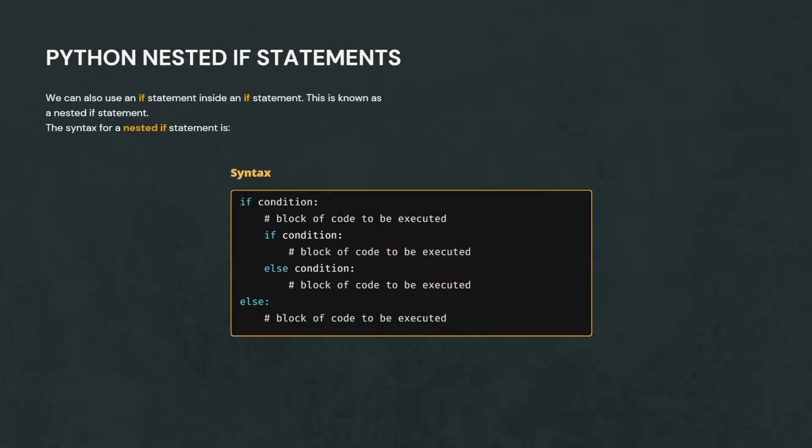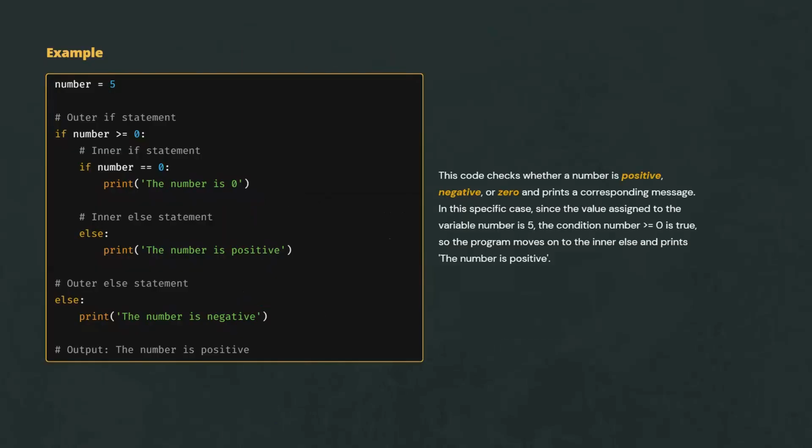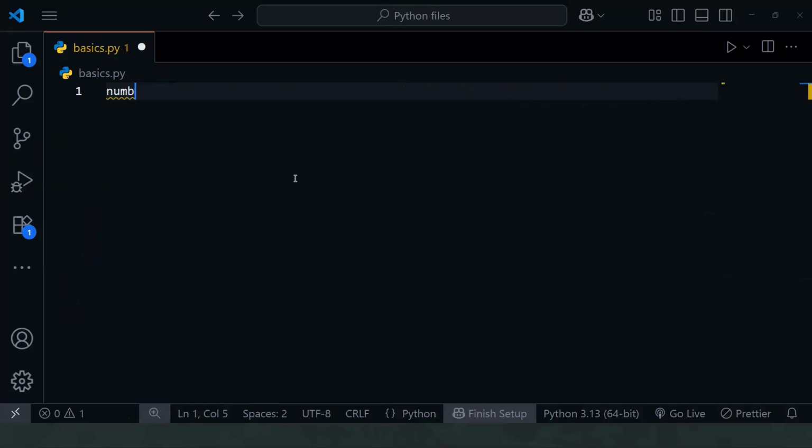Now let's understand this with an example. So here's a small Python program, but I would not suggest you to just look into it. I want you to code with me so that you can understand when you do it practically. So first, let's just give a number equal to 5.